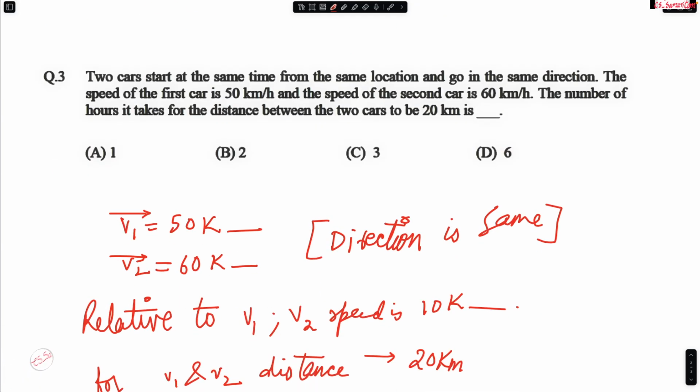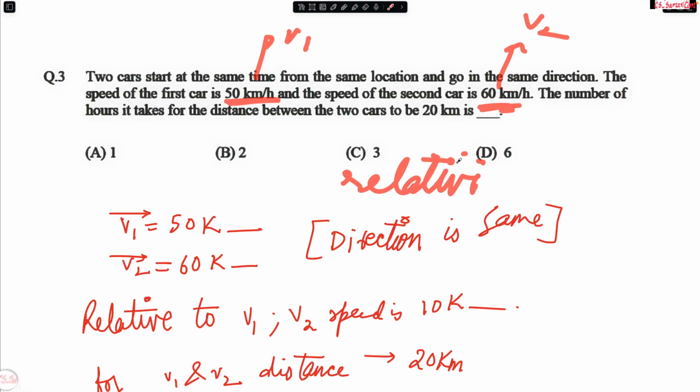So let's look at the question one more time. We know that 50 kilometers per hour is the velocity V1, and 60 kilometers per hour is the velocity V2. Now one more thing you must have heard of by now is the concept of relativity.